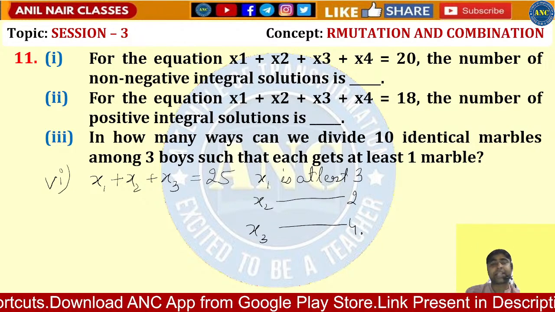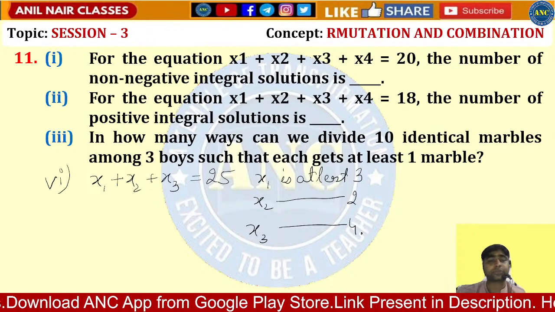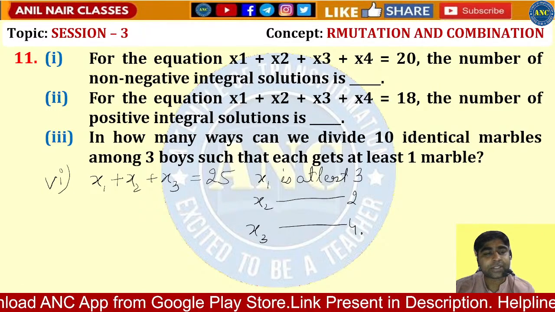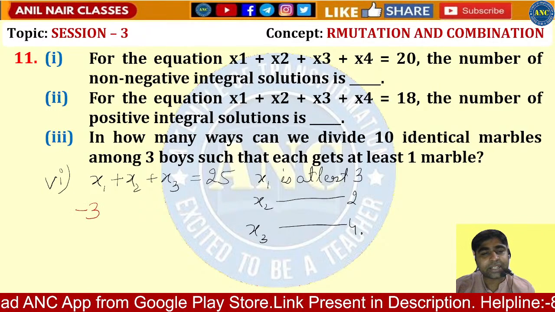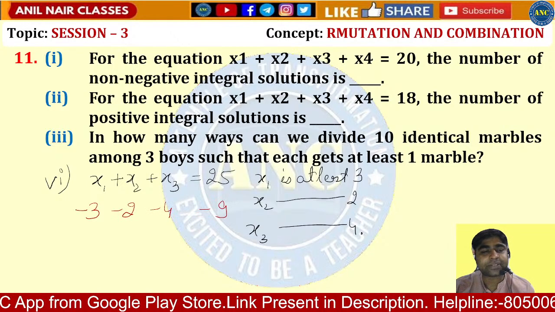Then is this a different question? Not very much. Whatever is my minimum criteria, just fulfill that: minus 3, minus 2 and minus 4, so basically minus 9.